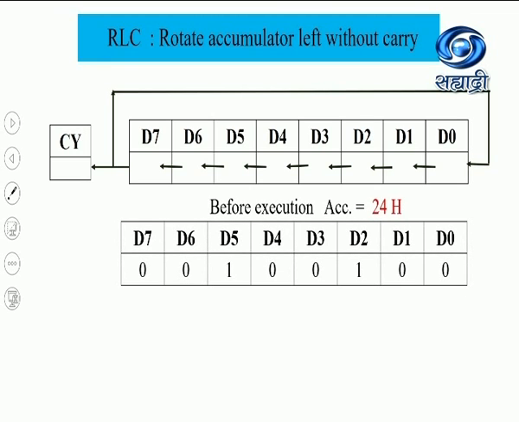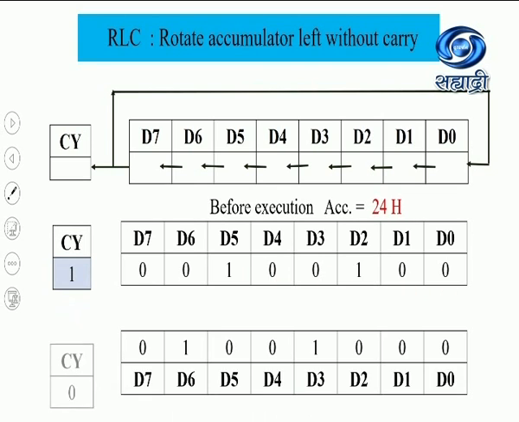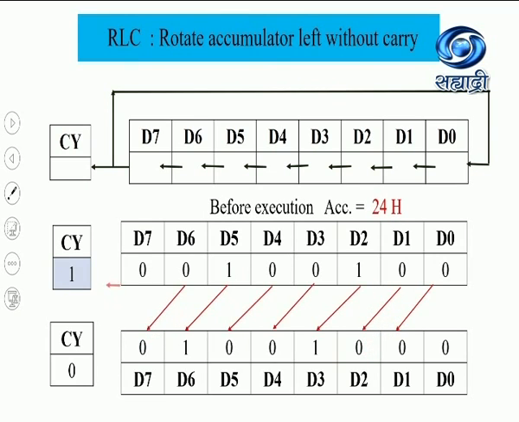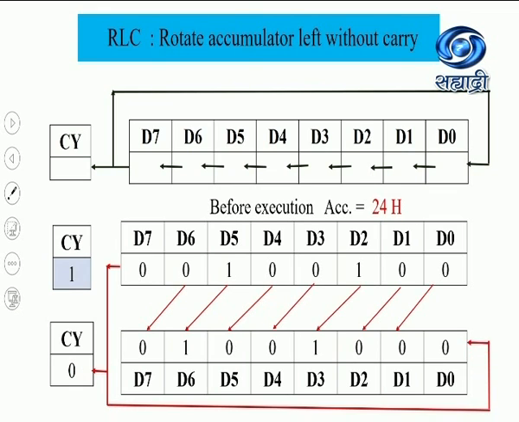Before execution, suppose accumulator contains 24, 2 and 4. Carry is 1. Now, after execution of RLC, what is going to happen? Shifting of data. If you can see here, the data which is in D7 goes to carry and it also goes to D0 position.